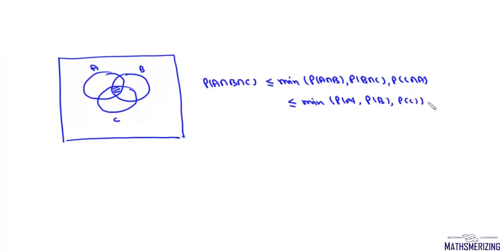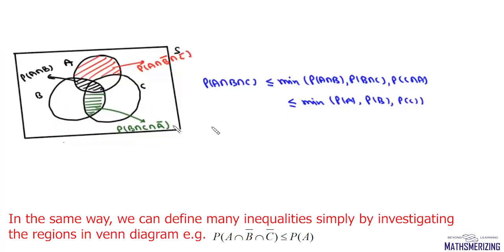probability of C. And in the same way, we can define probability of A union B union C, and it will always be greater than or equal to the maximum of P(A intersection B), P(B intersection C), P(C intersection A).